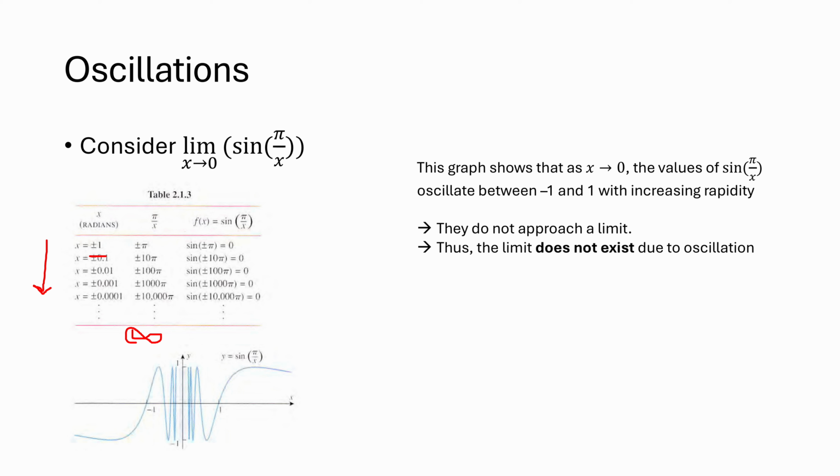And this graph shows that as x approaches 0, the values of sine pi over x oscillate between -1 and 1, right? With increasing rapidity. So we don't know as x approaches 0 whether sine pi over x will attain a value of -1 or 1. So we can't predict. So the limit does not exist due to oscillation.